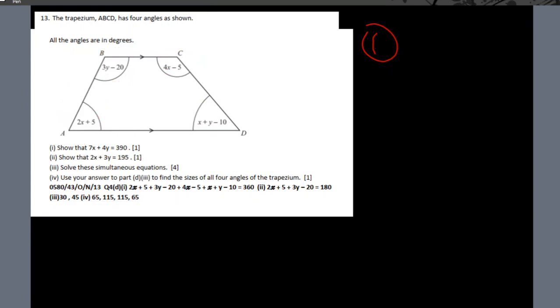Let's see. Also by adding 2x and 4x and x, we're getting 7x. So this is our second hint, that we'll be using the sum of all angles in a quadrilateral equals 360. So 2x plus 5 plus 3y minus 20 plus 4x minus 5 plus x plus y minus 10 equals 360.